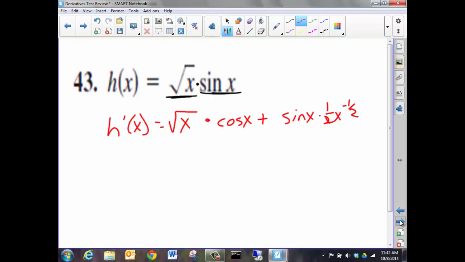And you'll probably see your answer is something like this: x cos x plus sine x over 2 root x. That would probably be the answer that you would see there. Okay? No, just here. We didn't have a 2 root x here. So it's just in the first. I don't think we would combine that down to one fraction there. You could, but I would hope not.